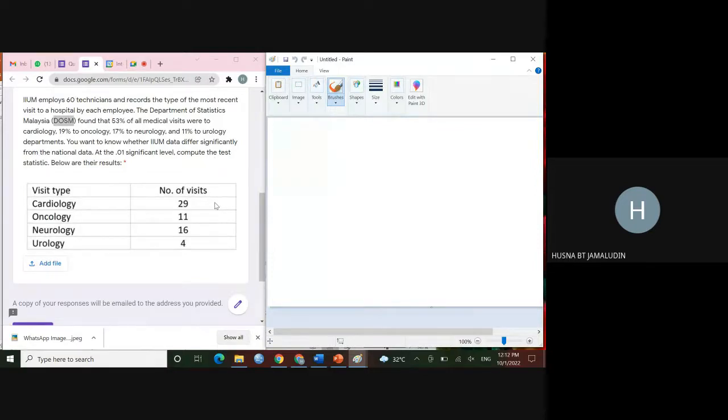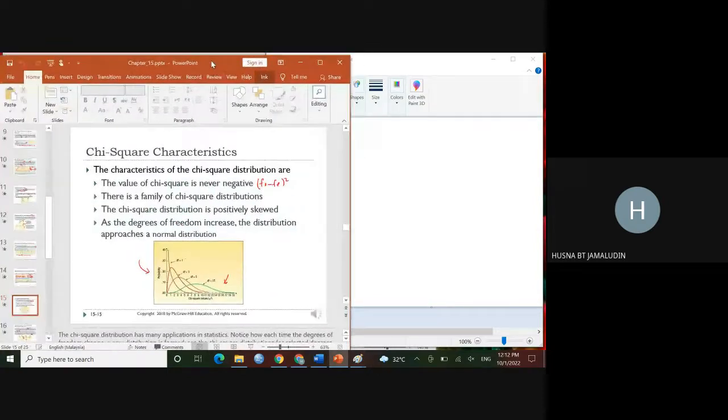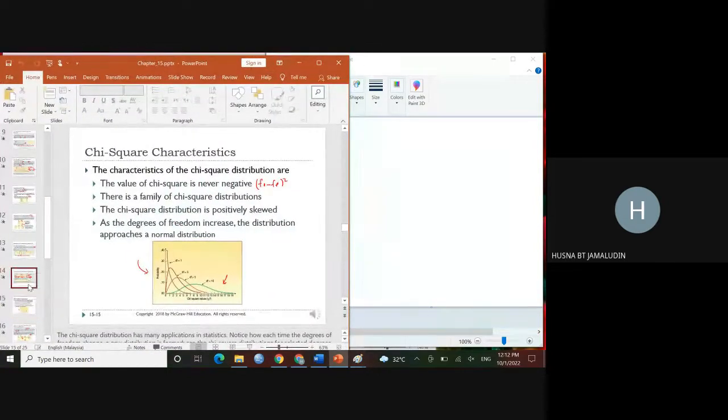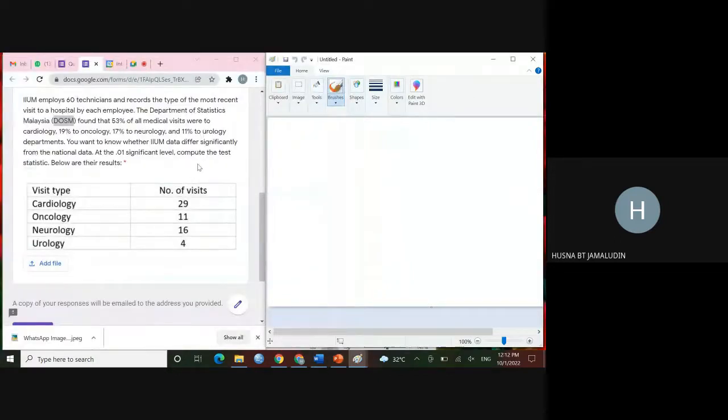So how to compute it? What is the formula? I don't remember. This is goodness of fit, and for goodness of fit you have to decide equal or not equal. What is this? Not equal. Why? Because the question gives the percentage.